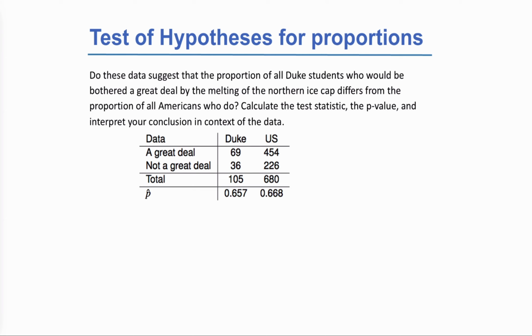So, do these data suggest the proportion of all Duke students who would be bothered a great deal by the melting of the northern ice caps differs from the proportion of all Americans who do? So we're going to do a hypothesis test, right?